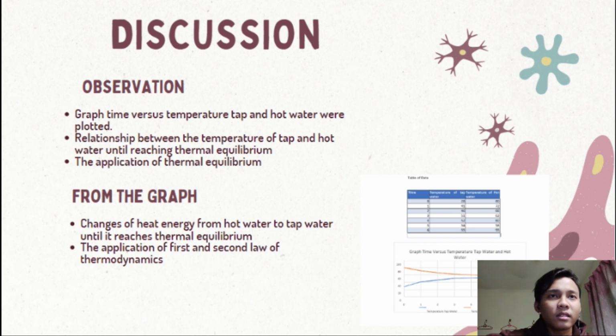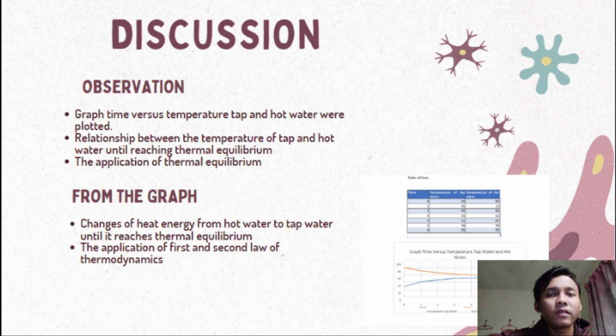They will be in a steady state because they have already reached thermal equilibrium. Before that, we plotted the graph of time versus temperature for tap and hot water from the data that we took during the experiment.